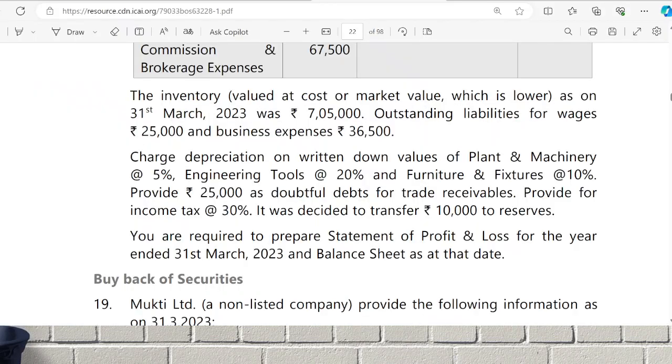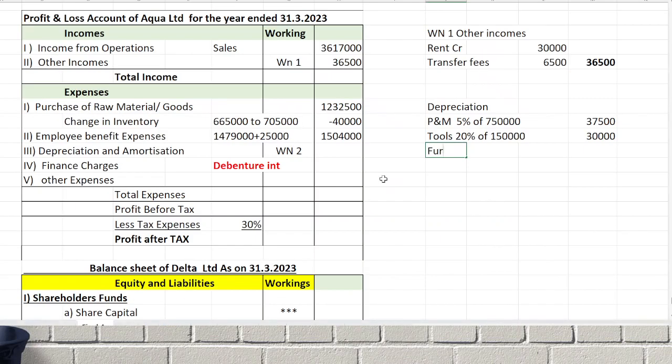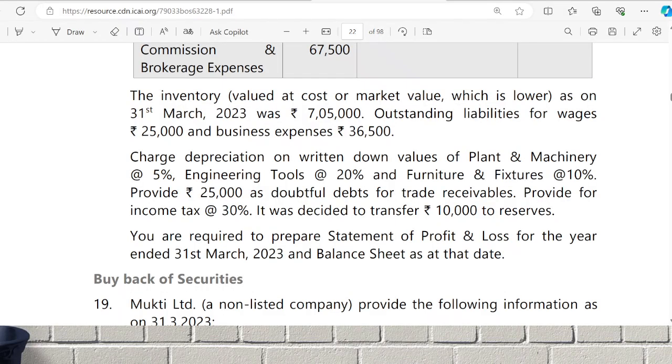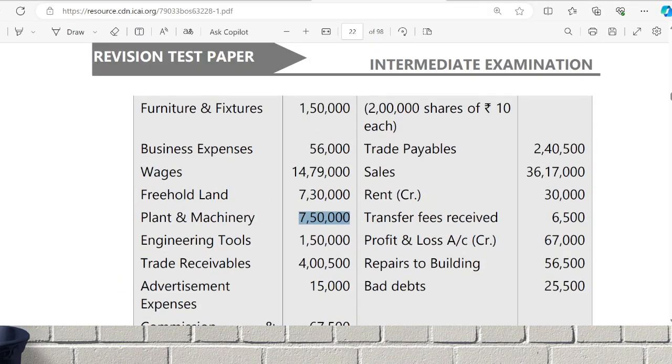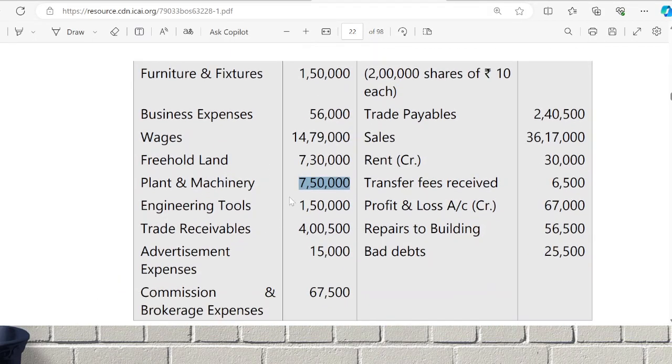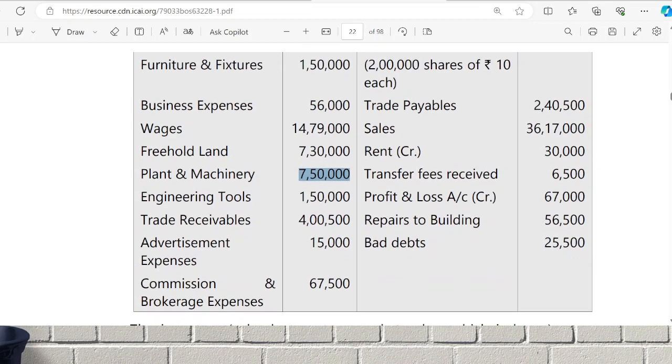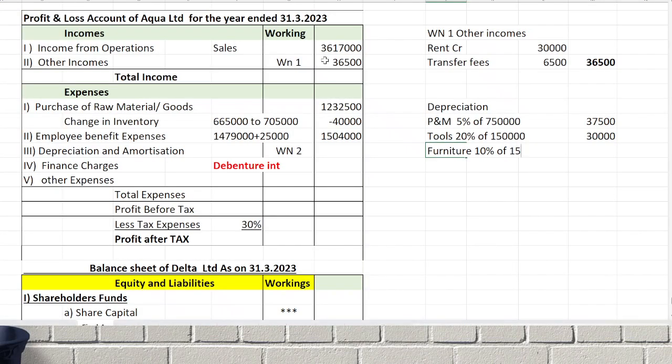Then furniture. What percentage is furniture? 10% of what is the furniture value? Furniture, what is the furniture value? 1,50,000. 15,000. Any other thing? No. So 82,500 is depreciation and amortization.